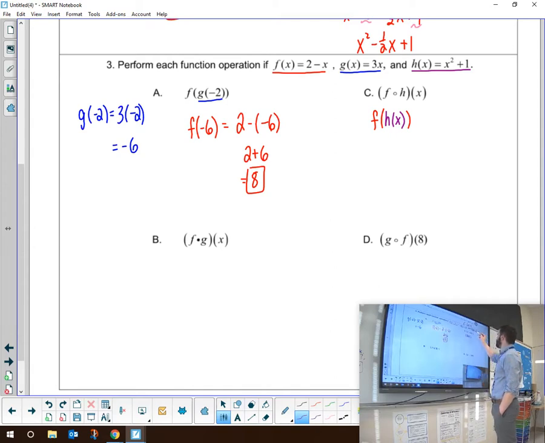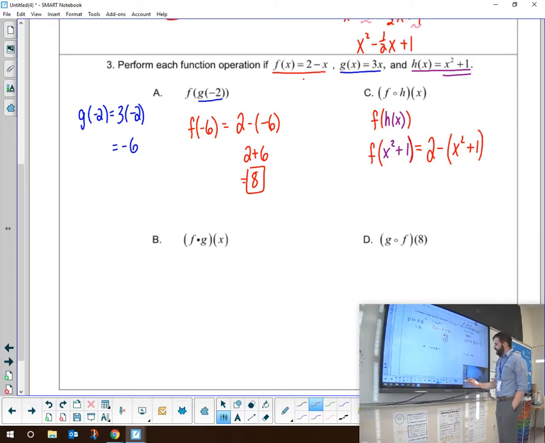It tells me h of x is x squared plus 1. So I can just go f of x squared plus 1. All right, then we're just going to take that x squared plus 1 and plug it in for f of x right here. So it's going to be 2 minus, normally I would just put an x, but now I'm going to put an x squared plus 1.